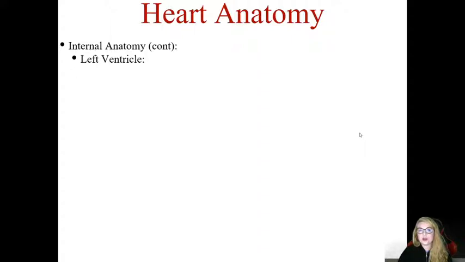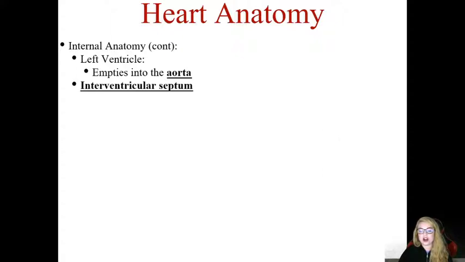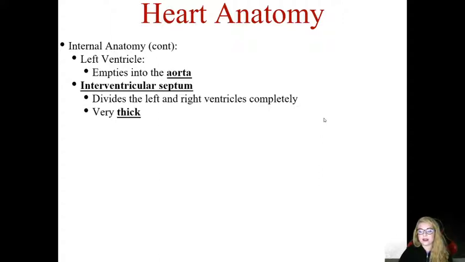Okay, and in between now the left and right atria and the left and right ventricle, we have what's called the interventricular septum and the interatrial septum. Okay, and so the interventricular septum divides the right and left ventricles completely, whereas the interatrial septum divides the left and right atria.